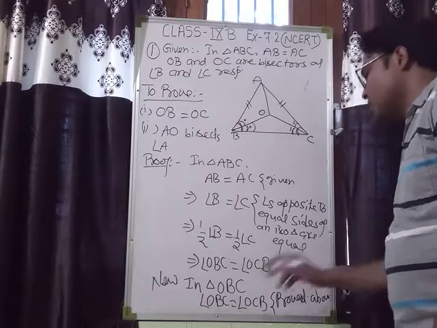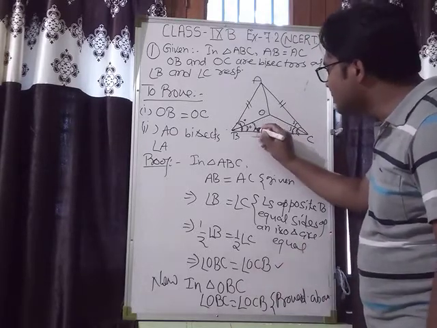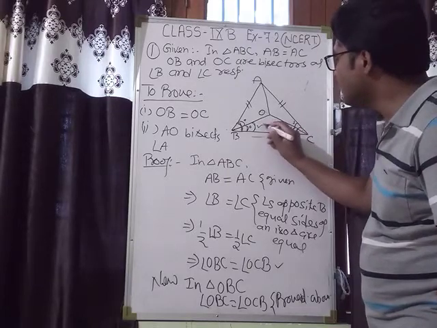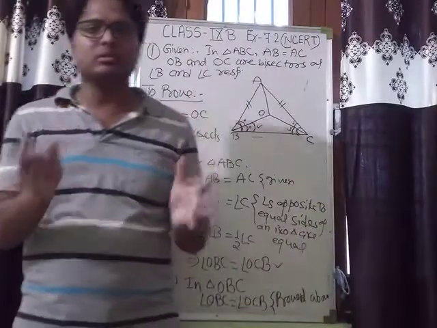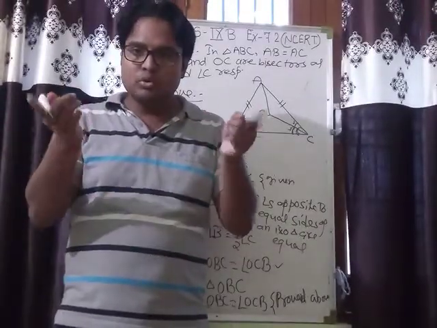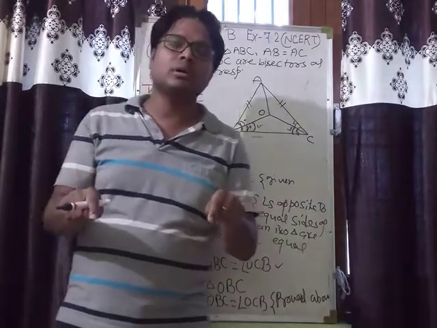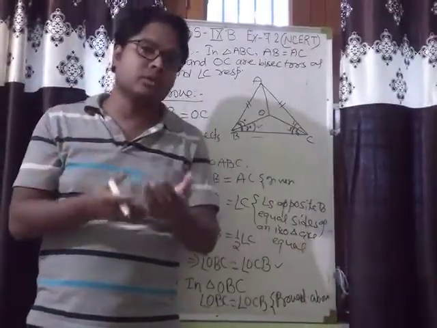What is given here? In this triangle OBC, two angles are equal. This angle and this angle are equal. And we also already proved that in any triangle, if two angles are equal, then the sides opposite to those two angles will also be equal.